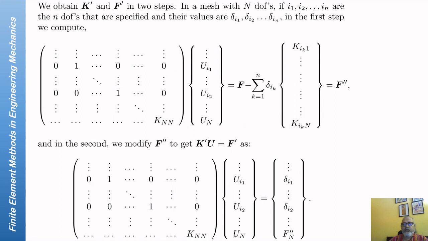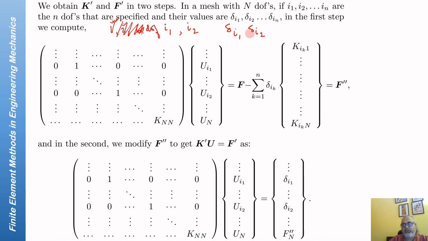In the first step, if say 1, 2 and 6 are specified, then we first set these columns. Let us think about the case where, not 1 to 6, but let's say degree of freedom I1 and degree of freedom I2 are specified, and they are specified to values delta I1 and delta I2.